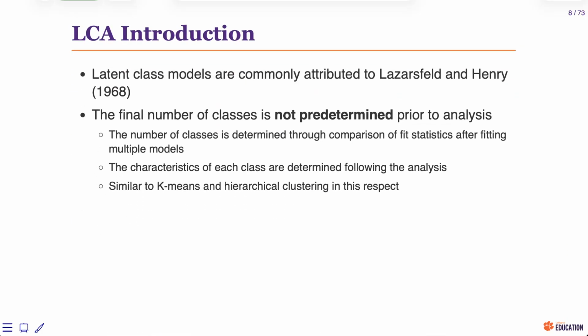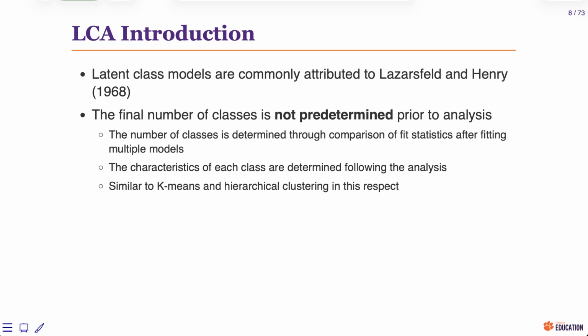Latent class models are commonly attributed to the work of Lazarsfeld and Henry. There's a great book from 1968 on the topic. The way these models are used is that the number of classes in your data, or clusters in your data, are not predetermined prior to the analysis. So very much like exploratory factor analysis, where you seek to find how many factors, and then once you determine how many factors, try to understand what those factors represent.